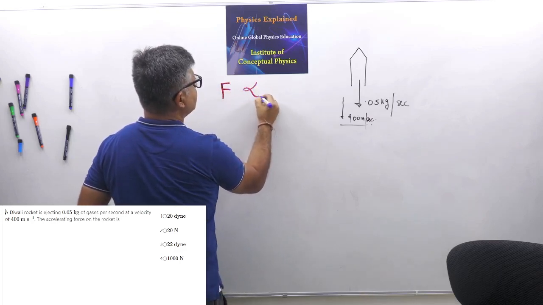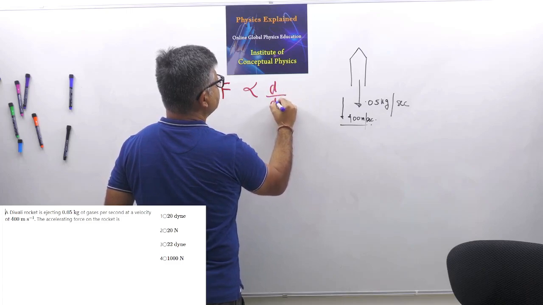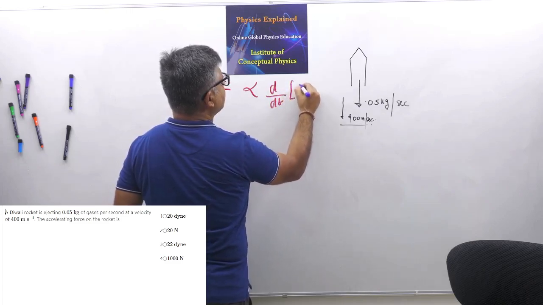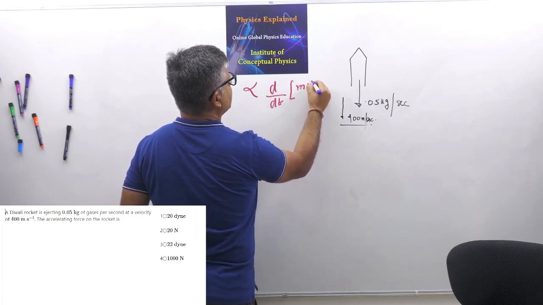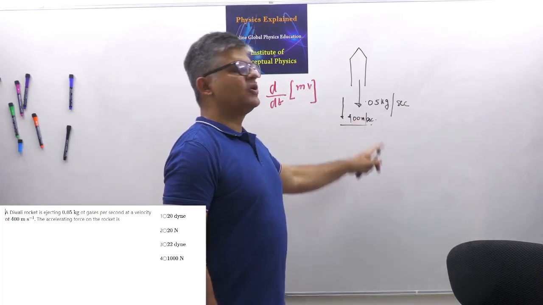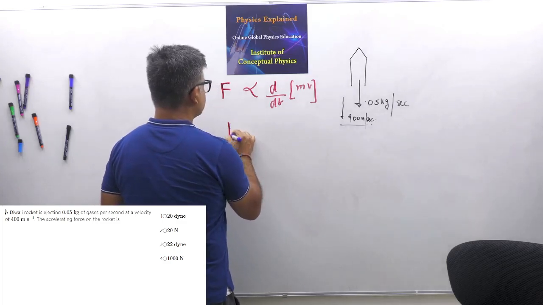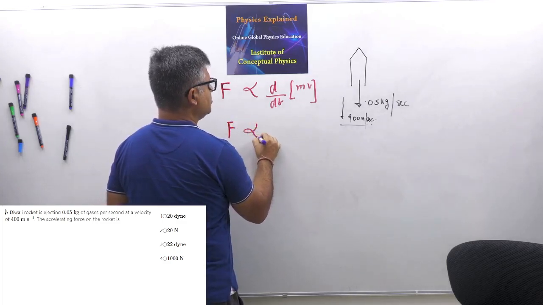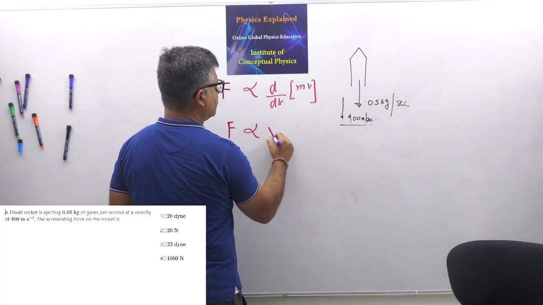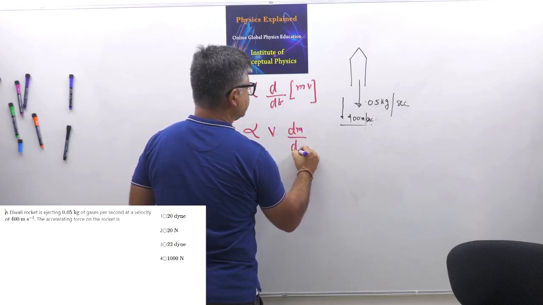Force is equal to the rate of change of linear momentum, right? So m into v. Here, the velocity is not changing because this is 400 meter per second, right? So this force is proportional to, I will take velocity out, dm by dt, right?